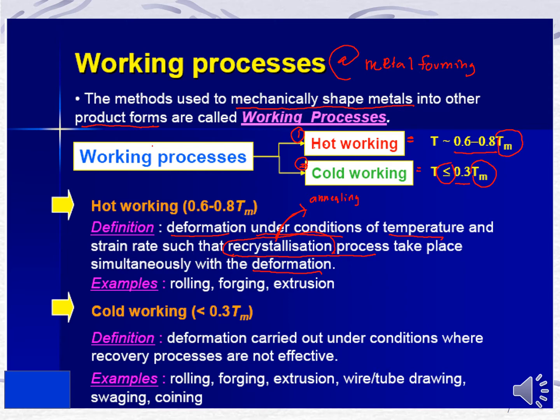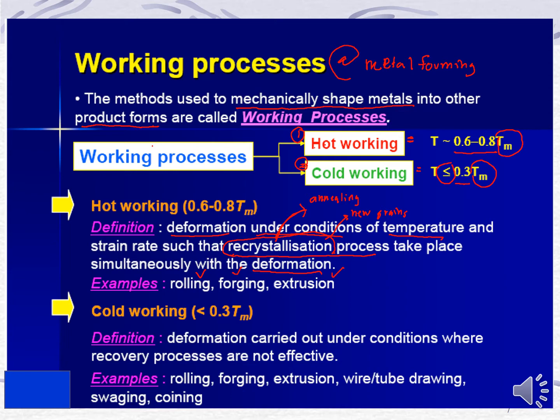During this phase, new grains will be formed to replace the old grains of metal. Okay, what are the examples of hot working process? There are rolling, forging, and extrusion.